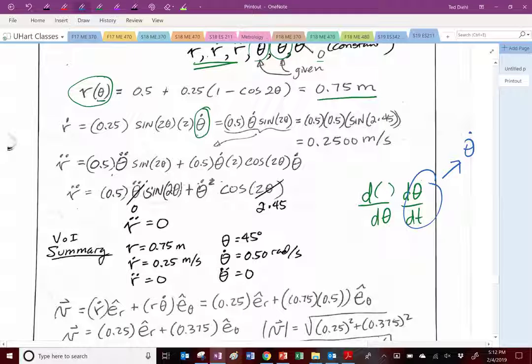So that's what I've done right here, is multiplied that. What we see in this part is the derivative of this whole thing with respect to theta, and then we're multiplying it by theta dot.